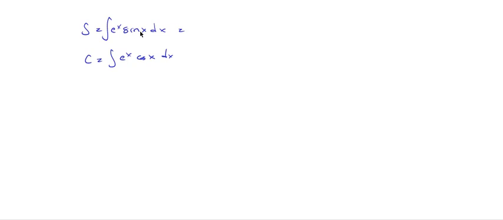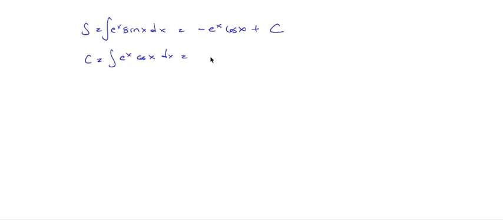So let's use this as g prime. So we have to find the primitive of this, so this is minus e to the x cosine of x plus the integral of e to the x cosine of x, because then the derivative of e to the x is the same, right? So we have s is this plus let's call this c.